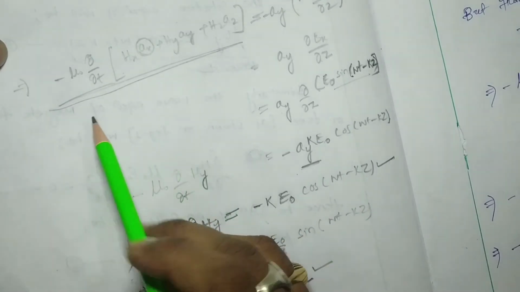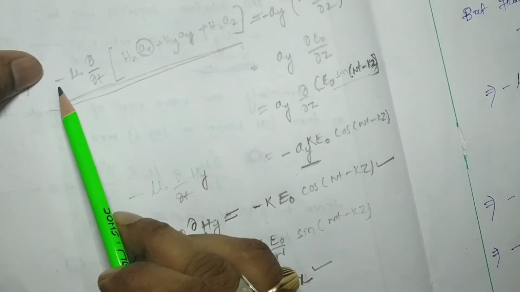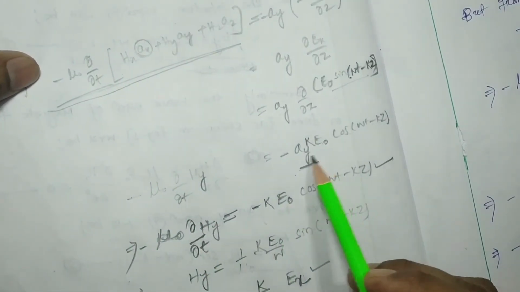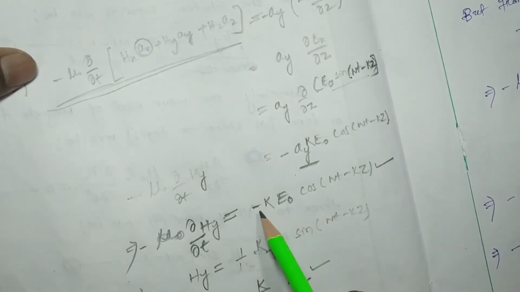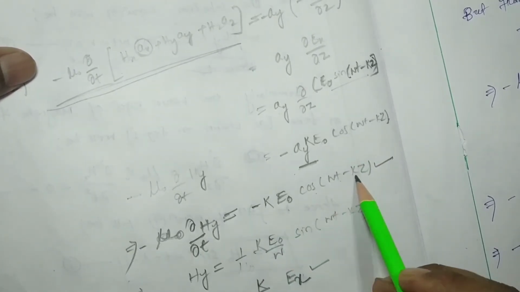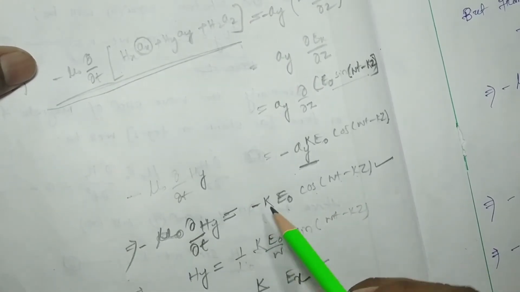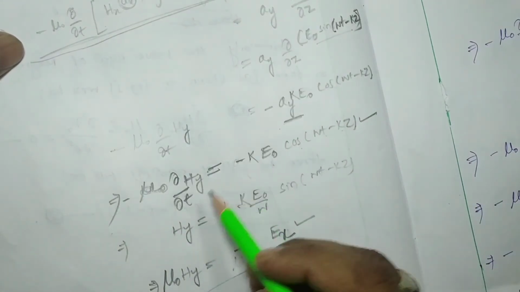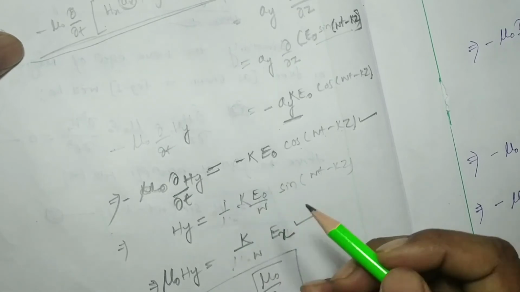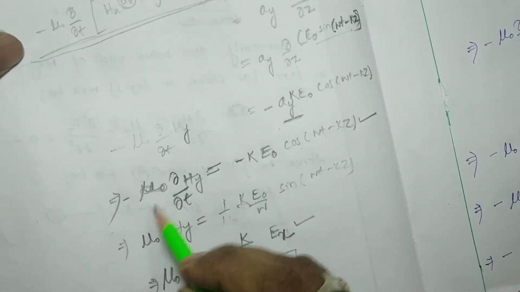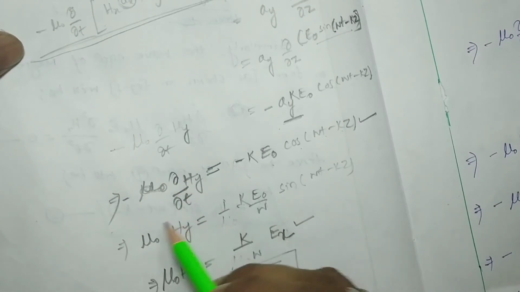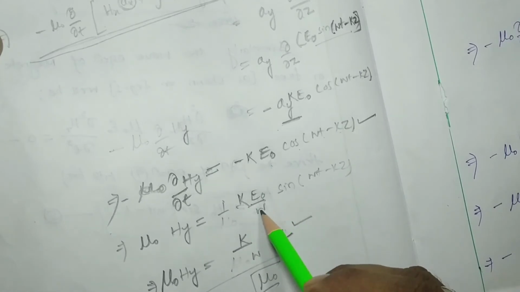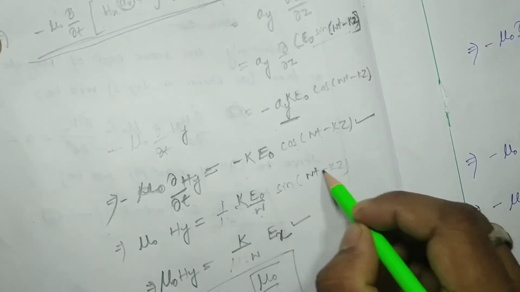Okay, so here on the left hand side the y component is minus mu 0 del by del t of hy, which is equal to, on the right hand side we have only the y component, that is minus k E0 cos omega t minus kz. Here minus gets cancelled. After integration with respect to t, you can find that mu 0 hy on this side will be k E0 by omega sine omega t minus kz.